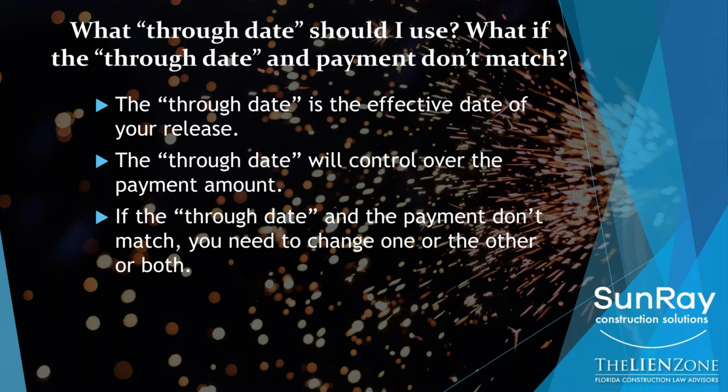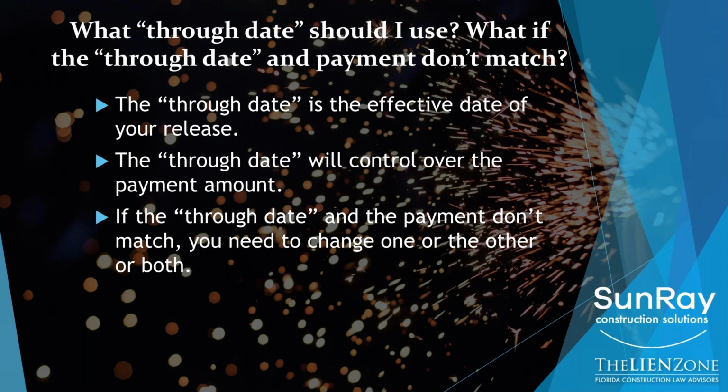We have a client who's a plumber, and they were doing work for a general contractor. It was a series of specific items over the course of several months. They wanted to make a partial payment against the total balance, which was $80,000, but they wanted the through date to be the last day he did work on the job. Our client, the plumber, recognized the problem and said, I can't take a partial payment and give you a release that's through the end of the month. I can give you a release that matches the payment.